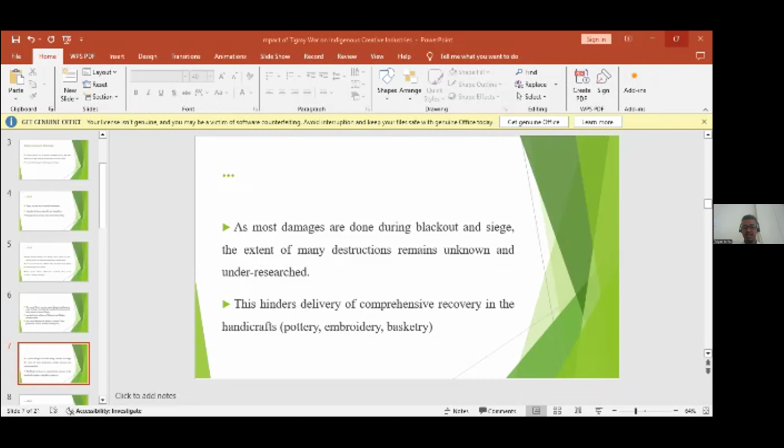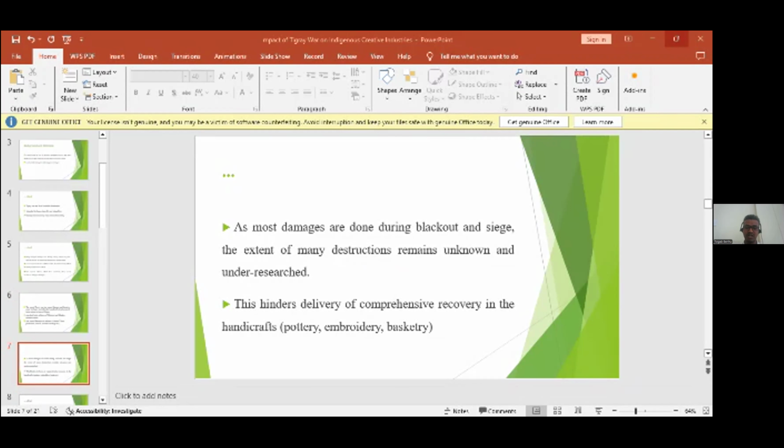So we don't know the extent, how much destruction, what is destroyed, what is not, what is impacted, what remains. We don't fully know that yet. So the impact is under researched, especially on the intangible and also the tangible heritage.